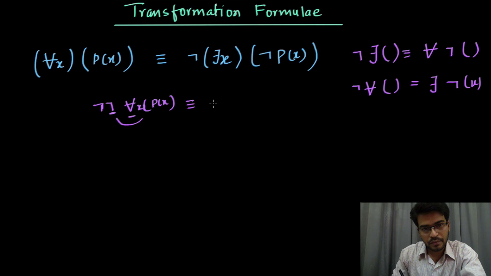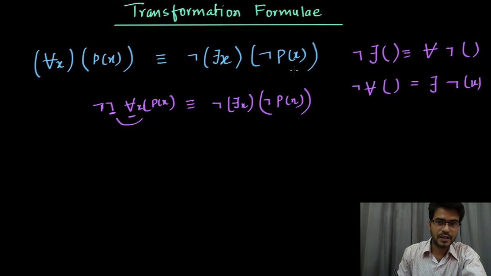So it becomes negation of there exists x, and then not of P(x). So you can see the above formula is basically a derivation like this. You need not remember this. Whenever the negation sign is moving inside, you can change the quantification.